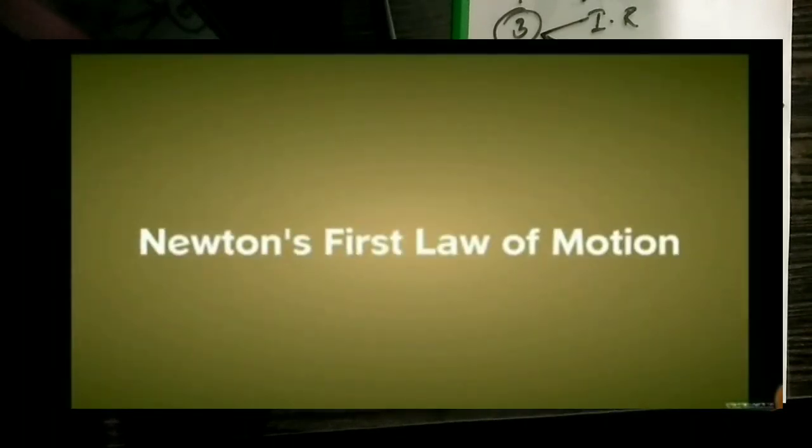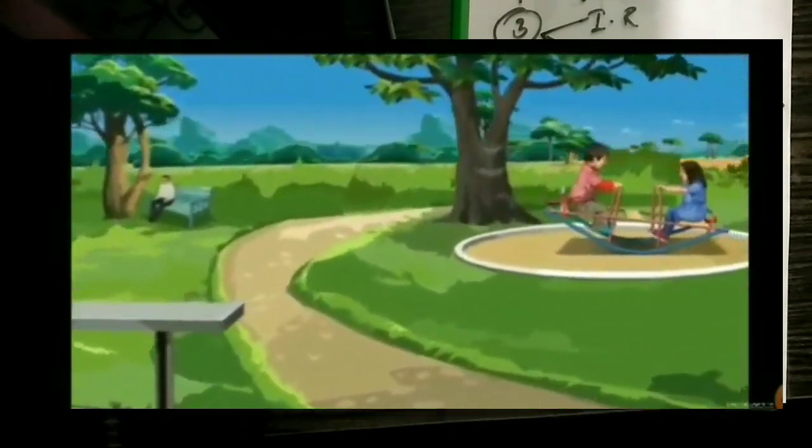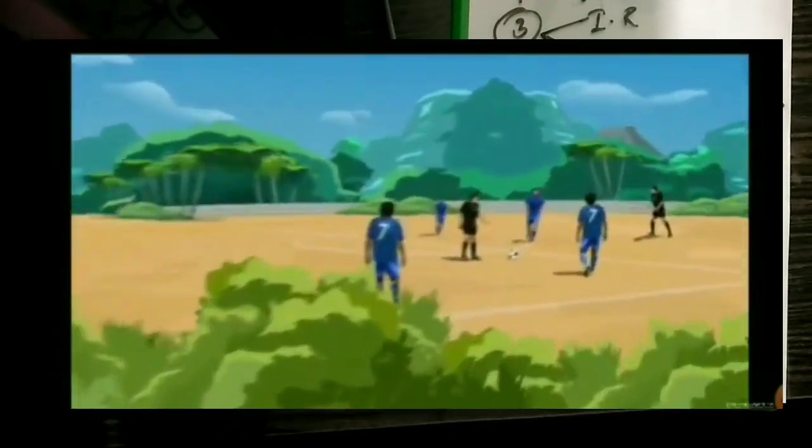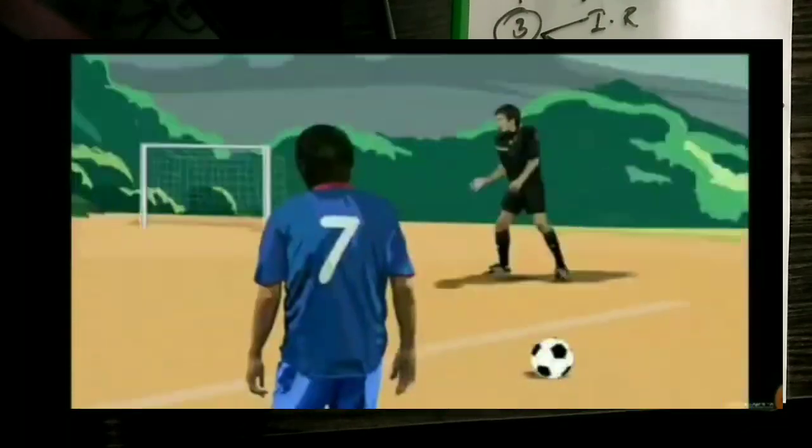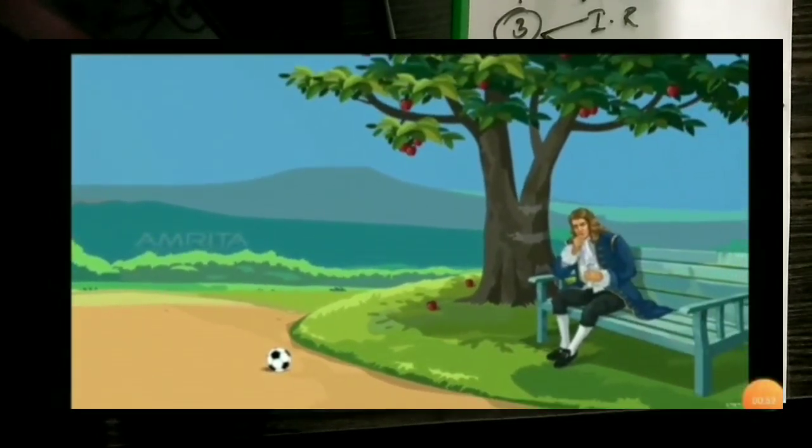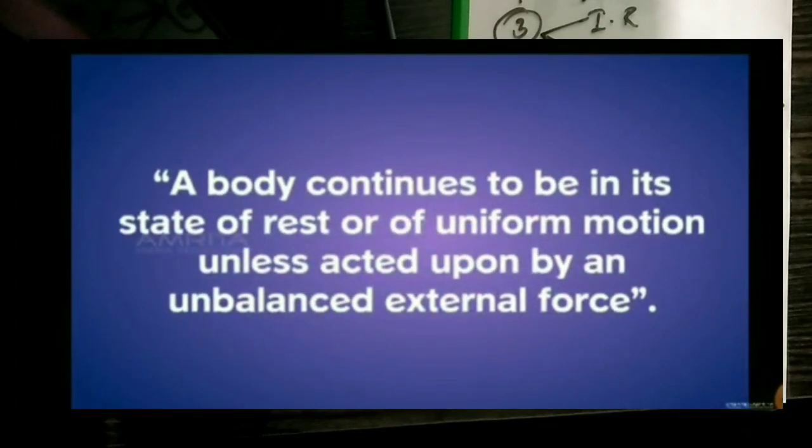This is known as Newton's first law of motion or law of inertia. Now coming to the actual definition: when a body is at rest, it continues to be at rest. When it is in uniform motion, it continues to be in uniform motion unless and until compelled by an external force.